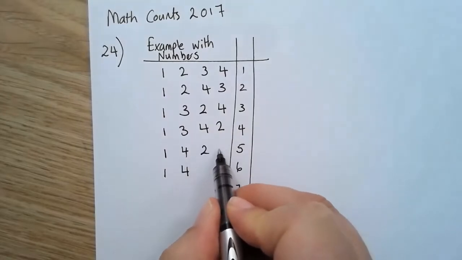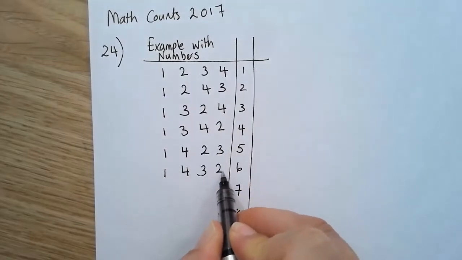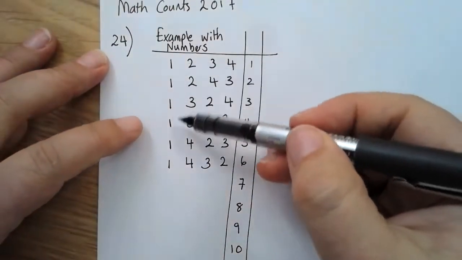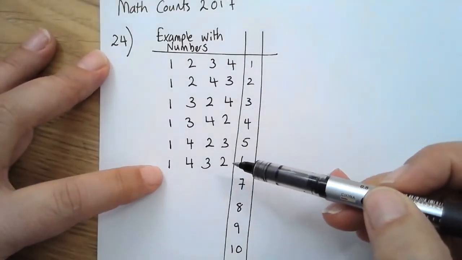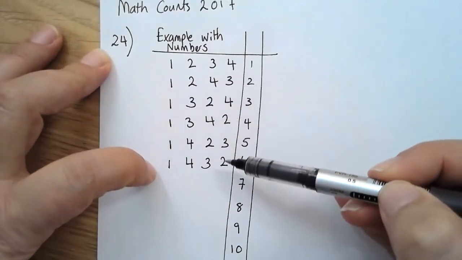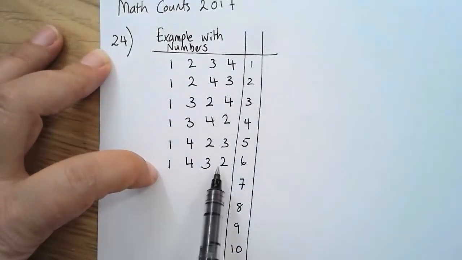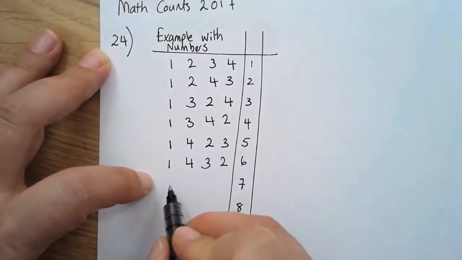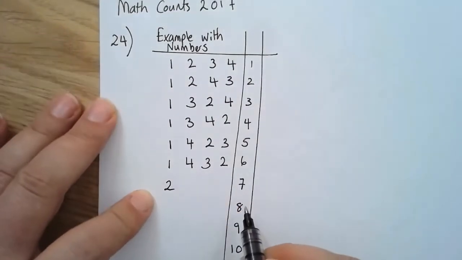What's left? I've got a 2 and a 3, 3 and a 2. So I've got 6 permutations already. They are all in ascending numerical order. I've done all the thousands I possibly can. They're all the permutations with 1,000. So I now need to start with 2,000s.